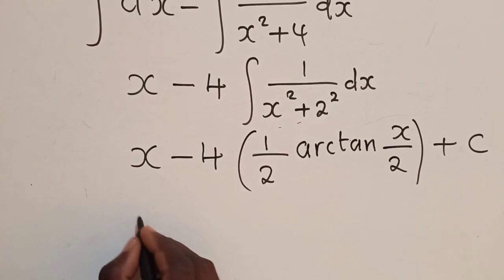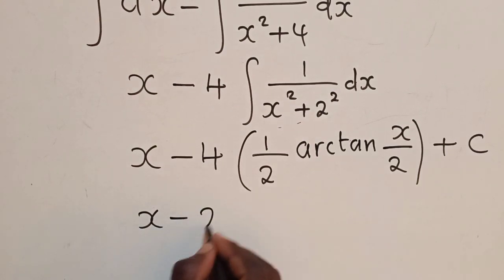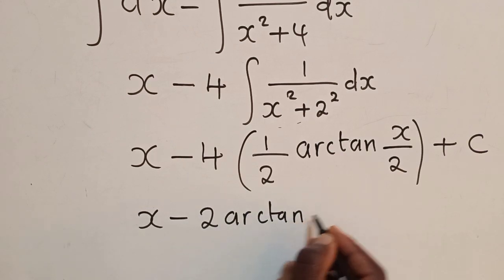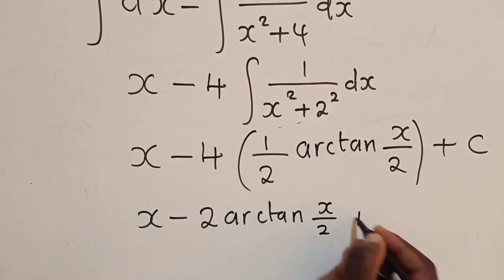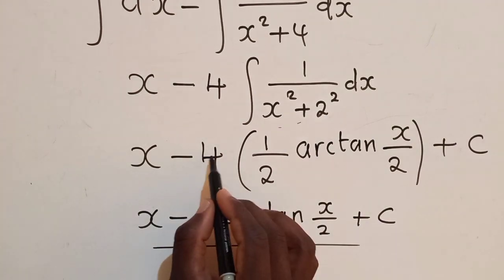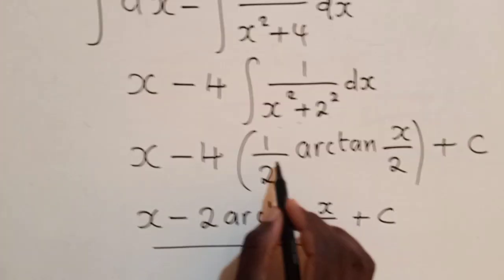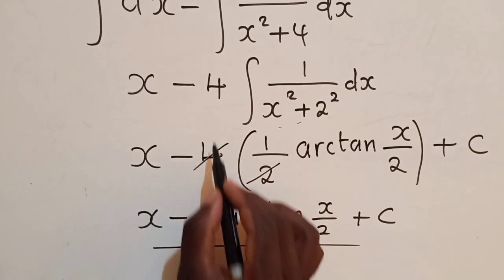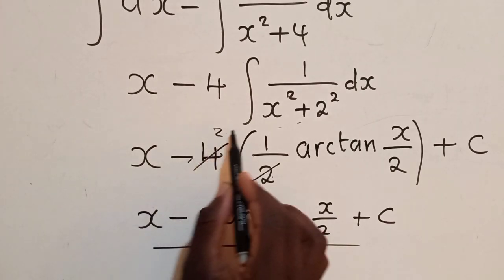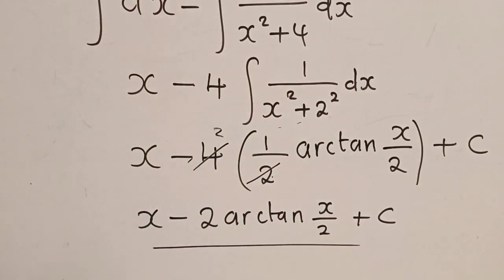To simplify it further, you say x minus 2 arc tan x over 2 plus c is our final answer. You just multiply the 4 by the constant in front, so the 2 here will cancel, and 4 over 2 gives negative 2. And this is what we have.